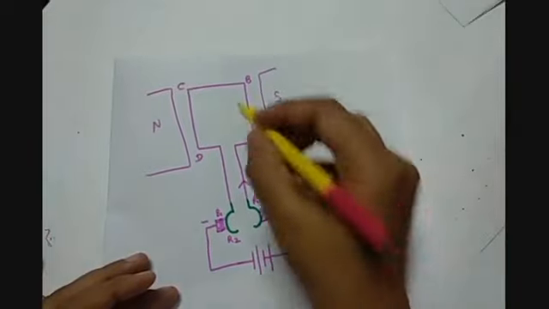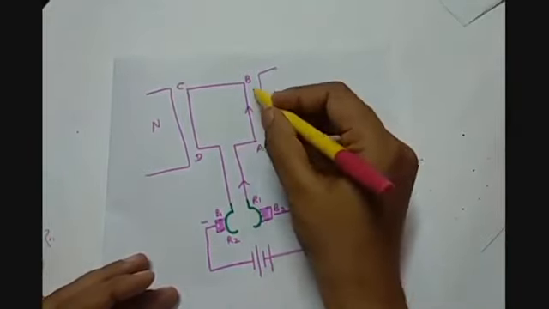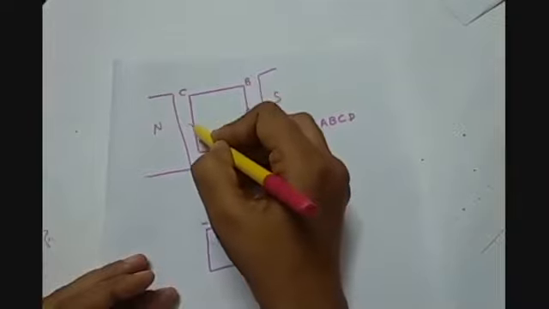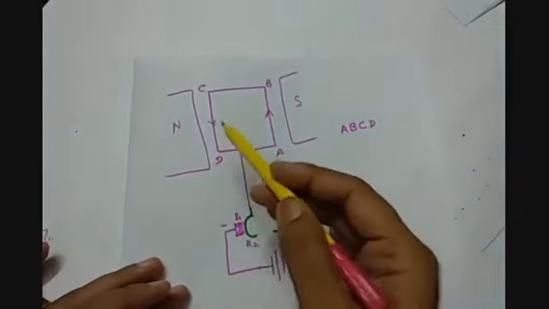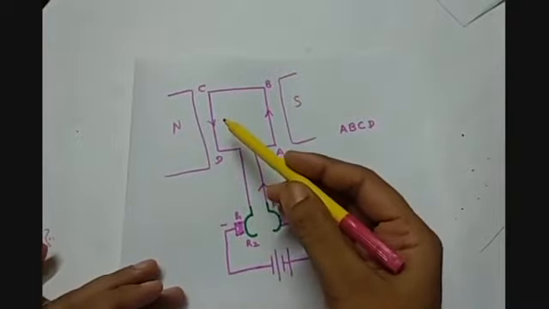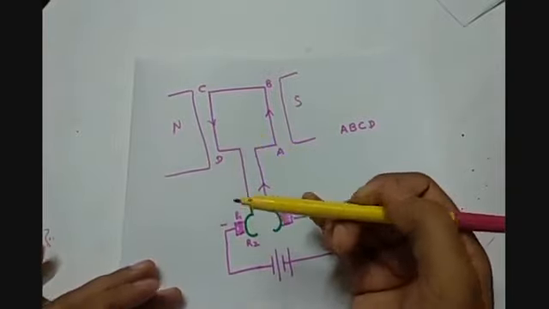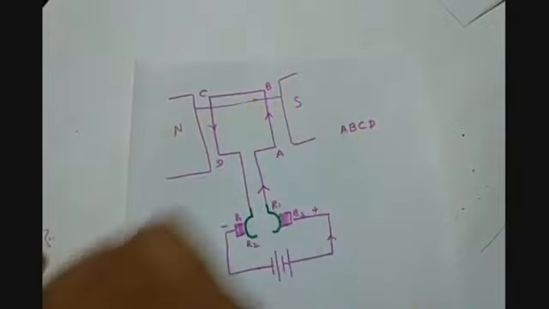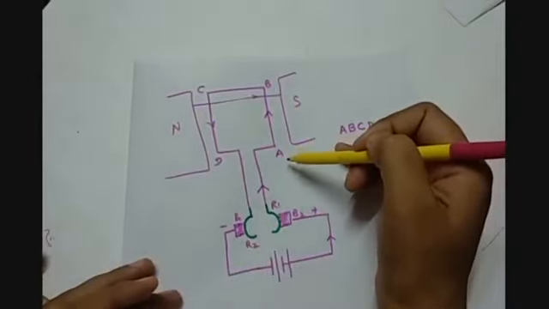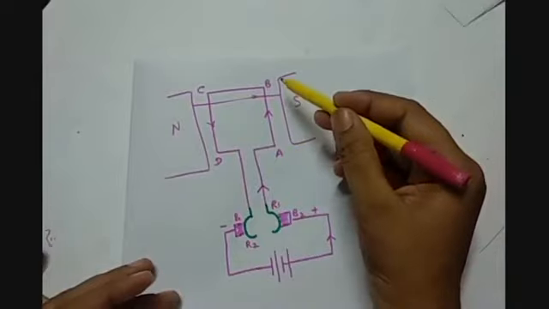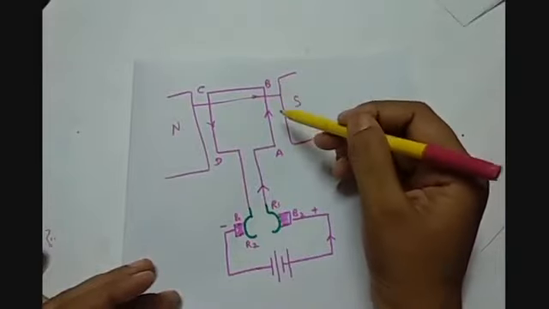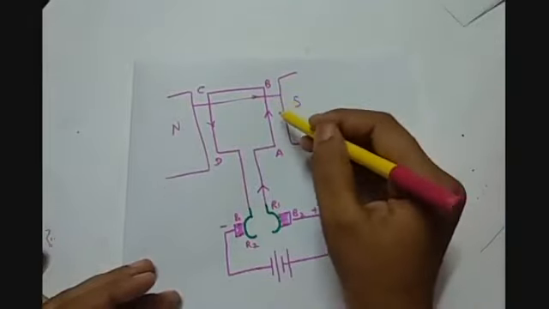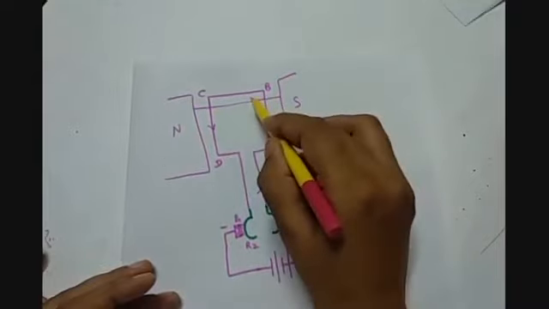But remember, when the current is going from A to B, then B to C and C to D, the same thing happens: the arm is having a current flow towards the reader, towards us, and the magnetic field is in this direction. The other arm is having a current flow away from us towards the screen, and the magnetic field is in this direction.